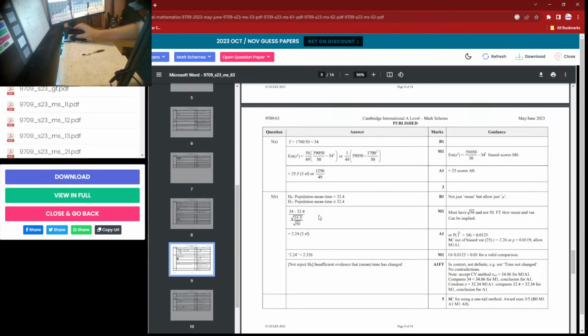Okay. So when you're trying to find out whether it has just changed or not, you don't have to use more than or whatever. You just find this and you will get 2.24, and you will compare it with whatever the parameter is given, and if it's less than what is given, then yeah, okay. So just leave it off at 2.24.